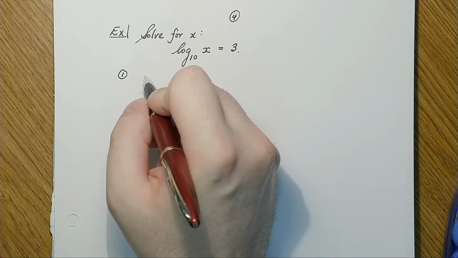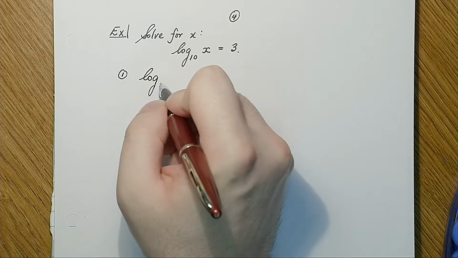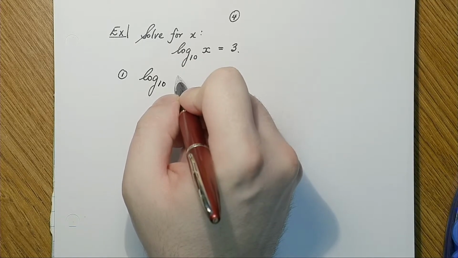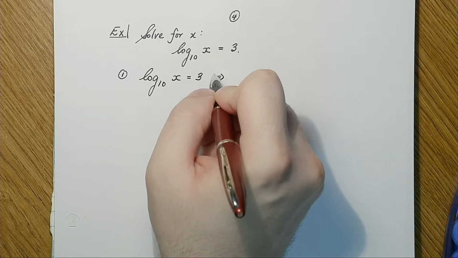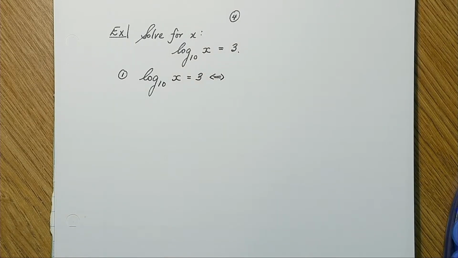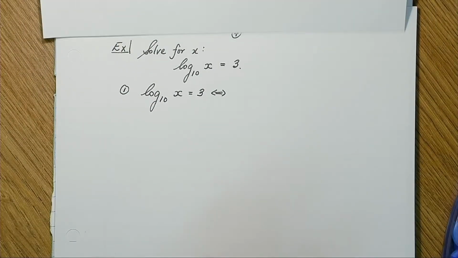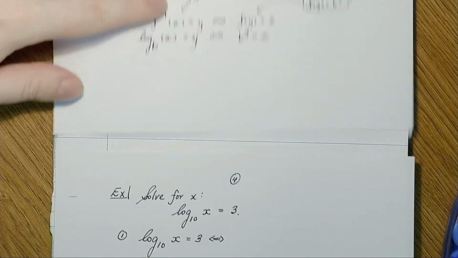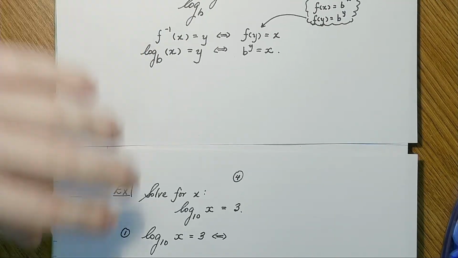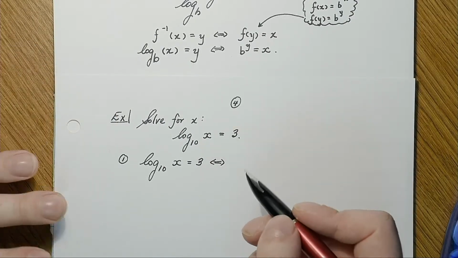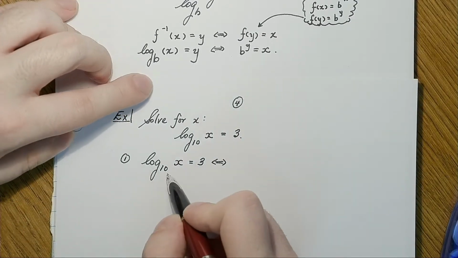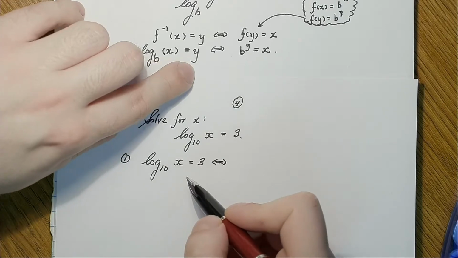So what I mean is I have log base 10 of x equals 3, and I can use the rule that I have up here, log base 10 of x equals y.